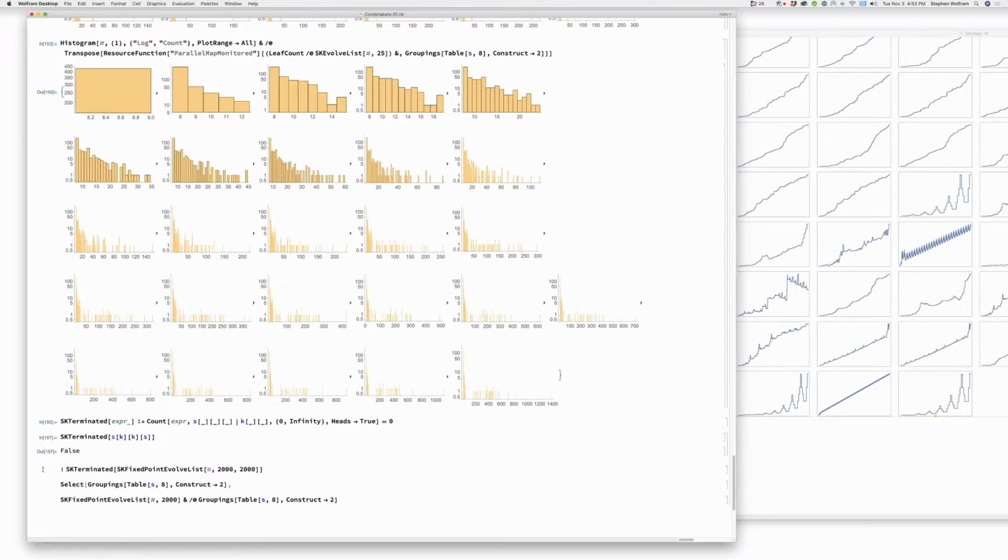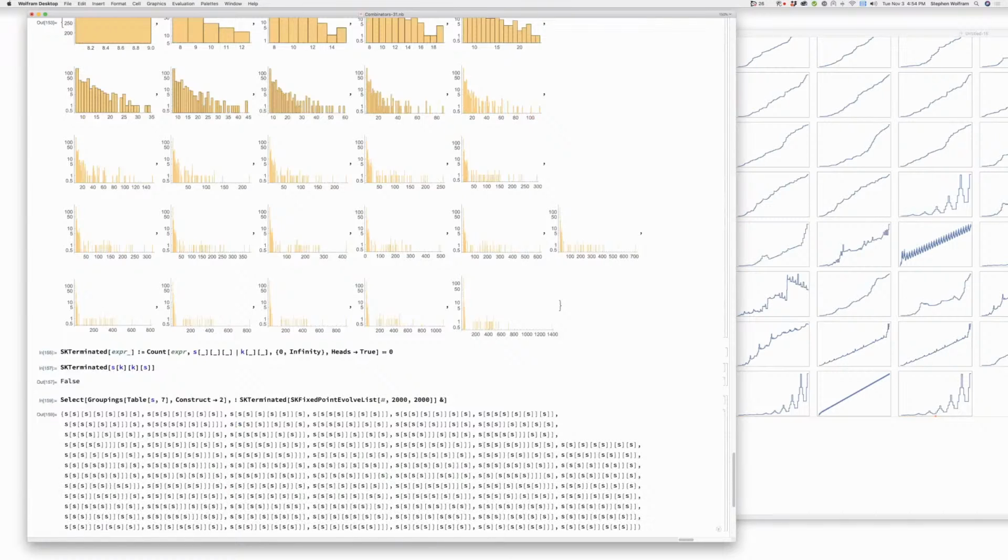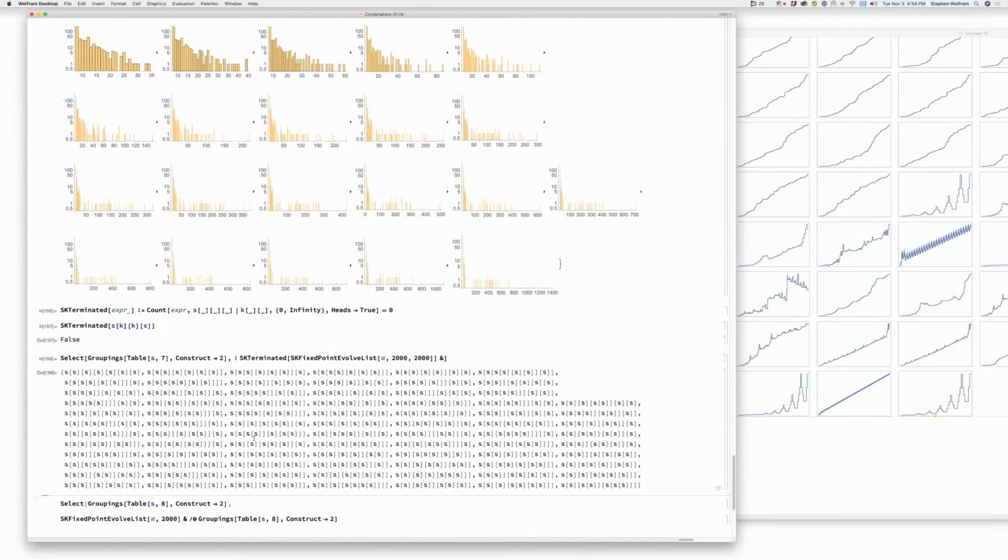Let's say not that, and let me say select of... well, let's just do the 7 case because we know there should be 2 answers to that. Oh, splat. Why did it do that?